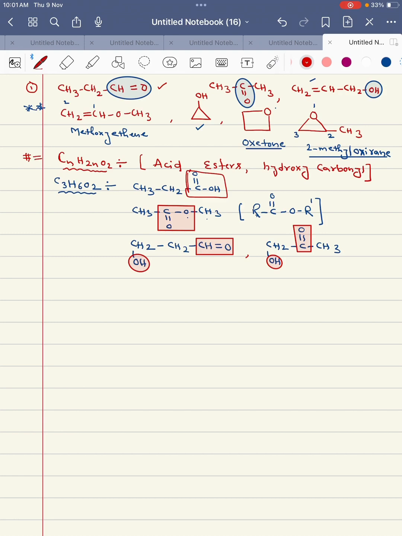So, my dear students, the formula CnH2nO2 has acid, ester, and hydroxy carbonyl isomers.